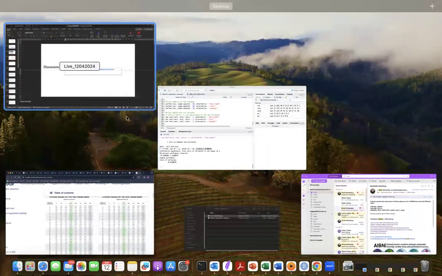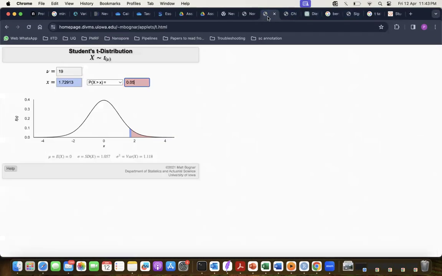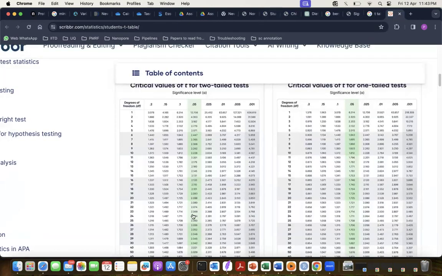So again, same thing. You see 2.093. This also says 2.093. This is for two-sided and this is for one-sided.